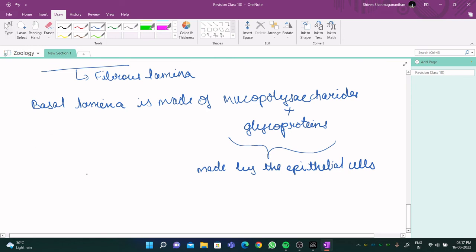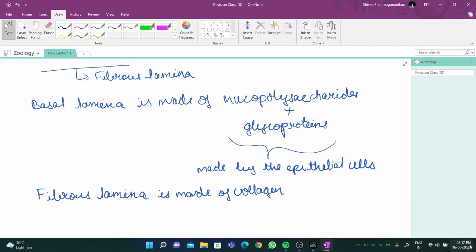Now, the lower layer, which is the fibrous lamina, is made of collagen or reticular fibers, which is also called reticular fibers.